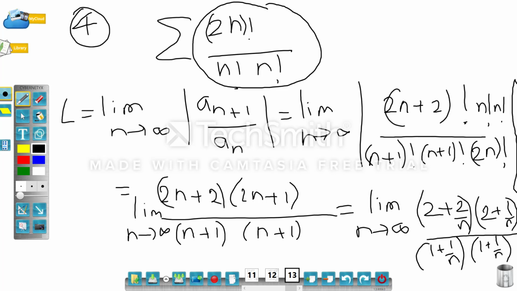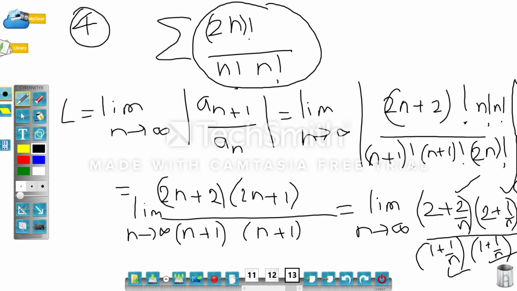We have taken n square common from numerator and denominator, so it gets cancelled. As n goes to infinity, each of these 1 by n terms goes to 0. So the numerator will be 2 plus 0 into 2 plus 0, that is 4, and the denominator will be 1 plus 0 into 1 plus 0, that is 1.